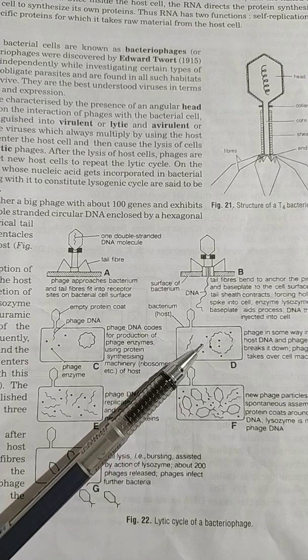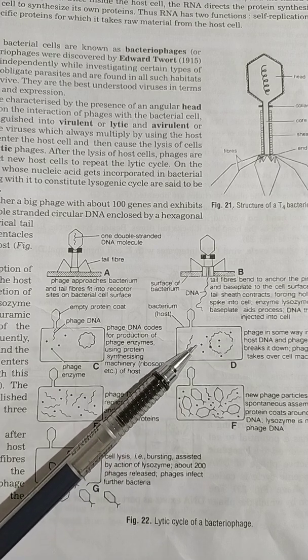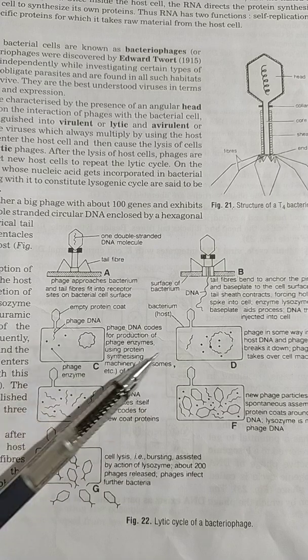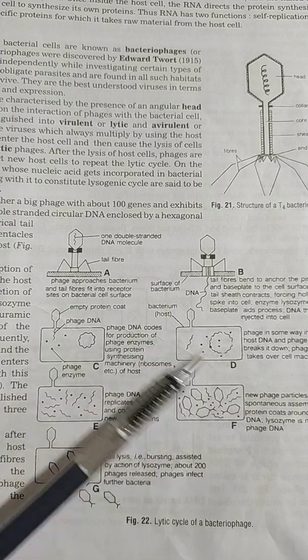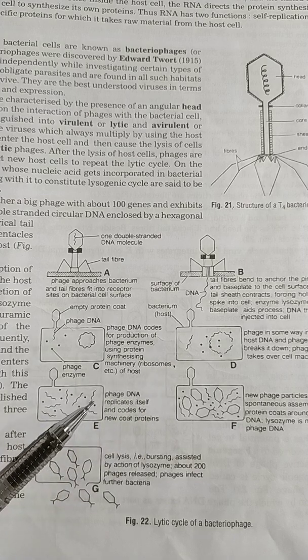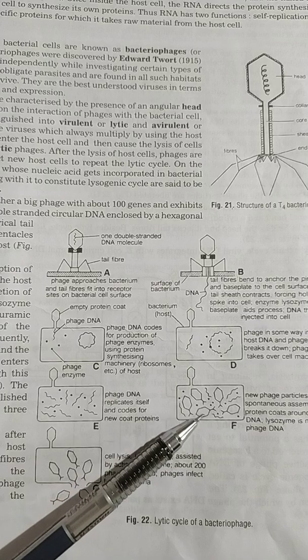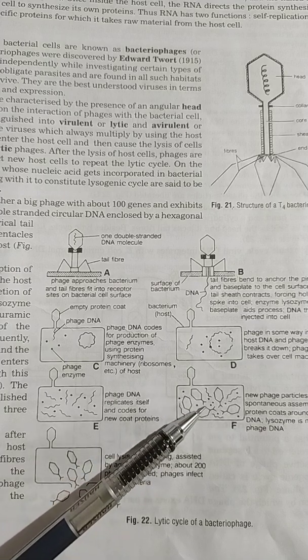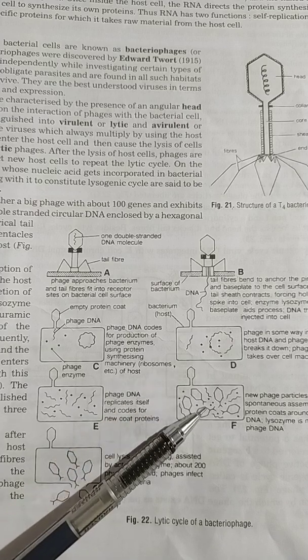The metabolism of the cell now forms protein of phage particles. So no more is protein made for the bacteria, but the protein is now made for the phage particles. Can you see here? The protein coats are being made for the phage particle.